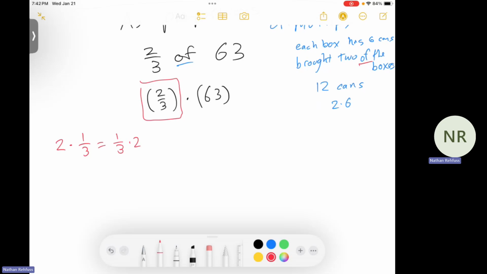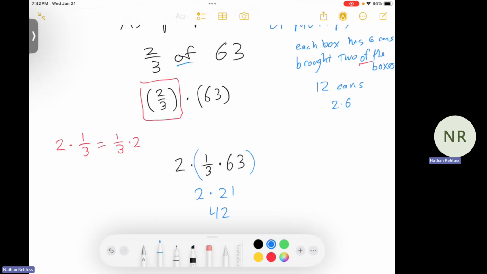So we're going to write it however makes the most sense for us. In this problem, 2/3 times 63, we could write 2 times 1/3 times 63. And then multiplication doesn't care what order you do it in. It's called commutative. We can write that 1/3 of 63 is 21, and 2 times 21 is 42.